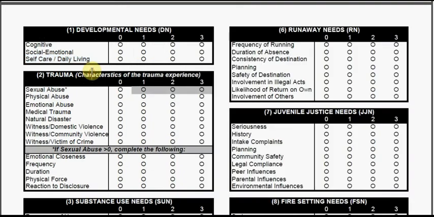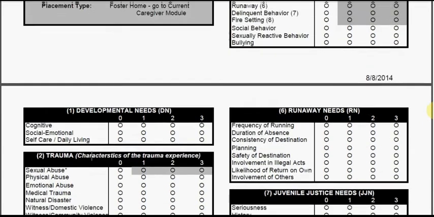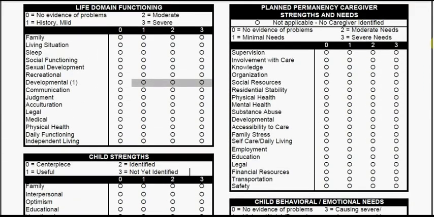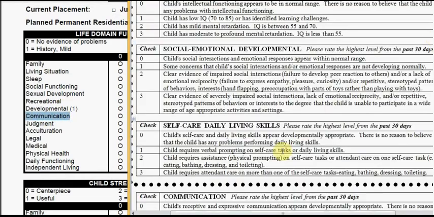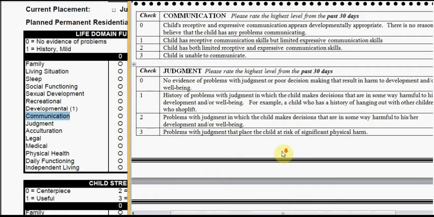All right. So now we return to the front of the CANS, back to the life domain functioning, and we are in the communication item. The communication item, at a 0, the child's receptive and expressive communication appears developmentally appropriate. There's no reason to believe that the child has any problems communicating. At 1, the child has receptive communication skills, but limited expressive communication skills.